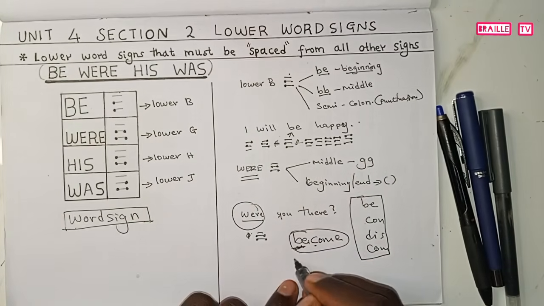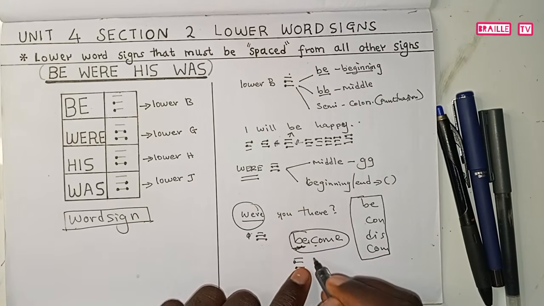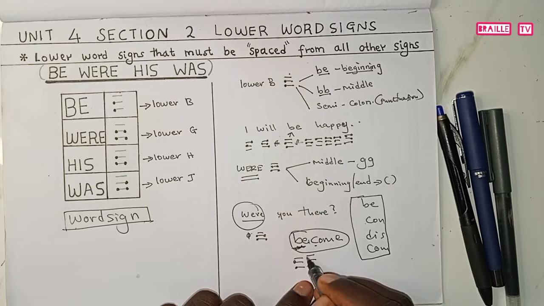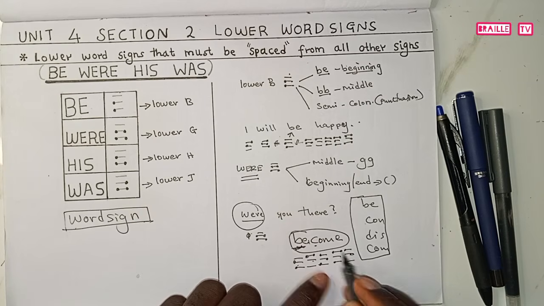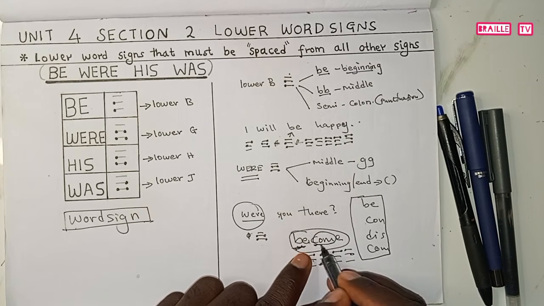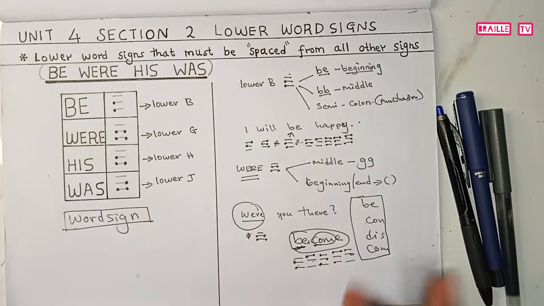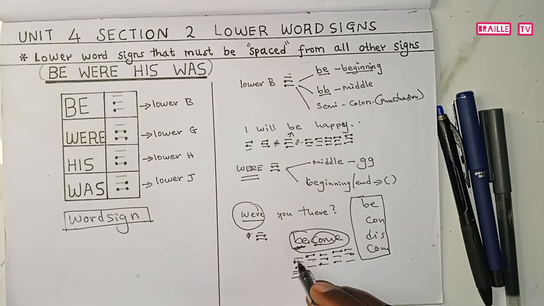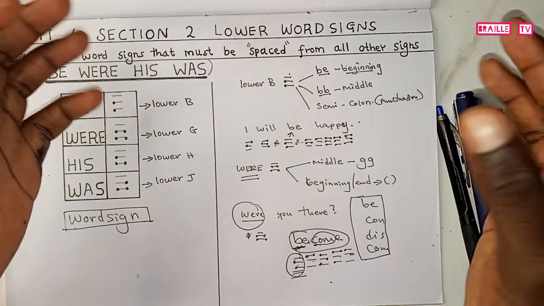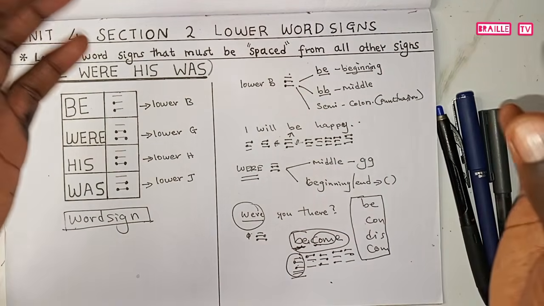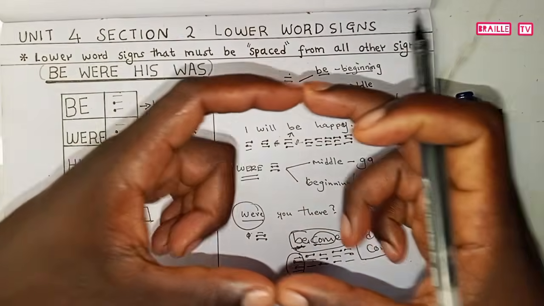So this B, you contract as a lower B. Then immediately here you adjoin with C, and then you spell out O, you spell out M, and then you spell out E. So this is the word become in Braille. Do not make the mistake of contracting com here because it is in the middle of a word. So group sign is where you bring different signs together to form a longer word.